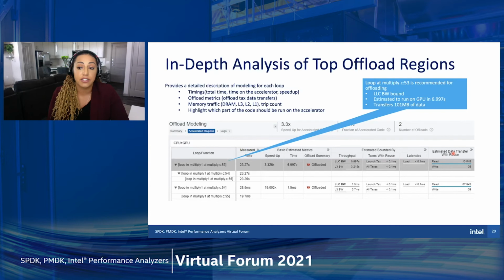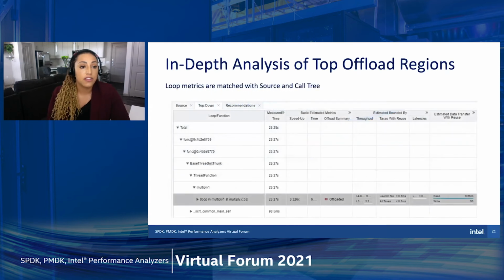So Offload Advisor is going to give you the data transferred, and it's going to use that in addition to other internal metrics in determining whether you should offload based on your specific GPU's characteristics. Building off that in-depth analysis of your top offloaded regions, here you can also see the source and call tree, and this is, I think, a little helpful for seeing your top candidates for offloading in the context of the call tree.